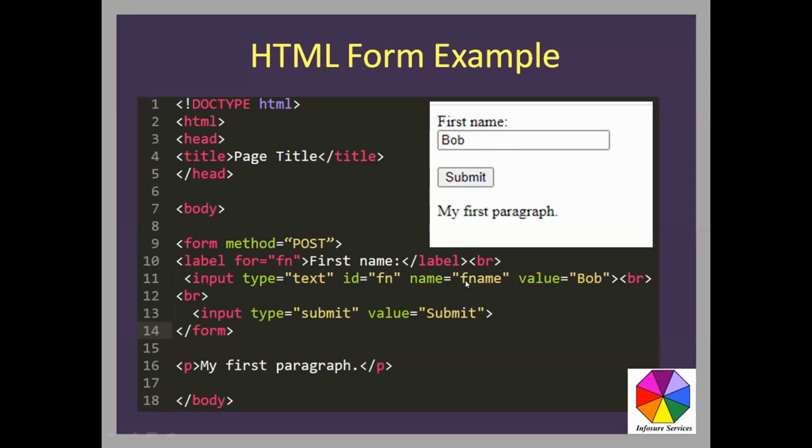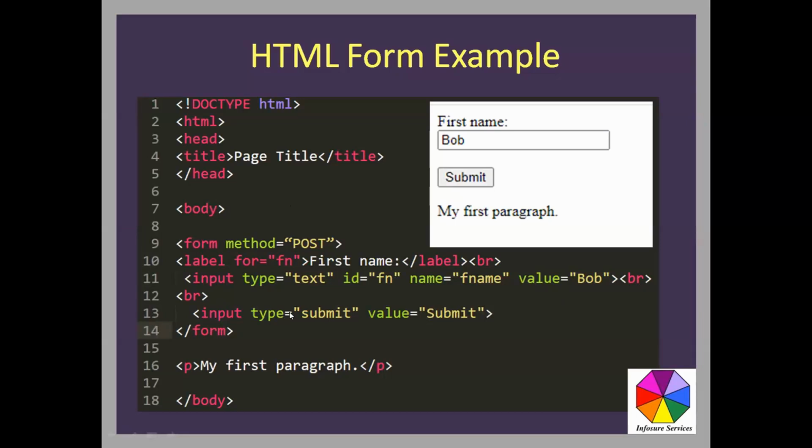So this text box has a name fname, ID is fn. Value equal to Bob is the default. And then br just breaks the row. Br stands for break row. It goes to the next line, again a break row. See, this blank line is line number 12, break row, and then an input tag for the submit button.